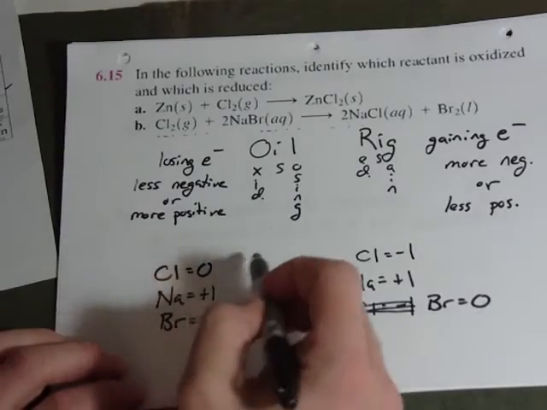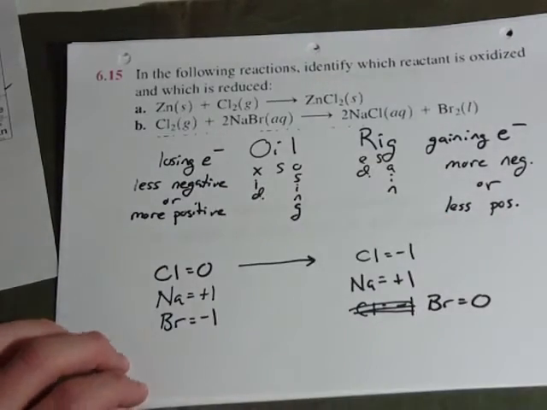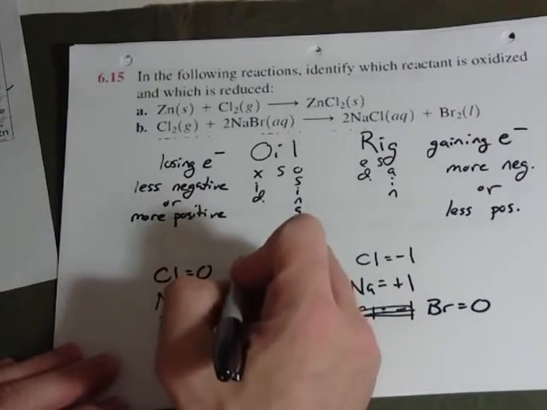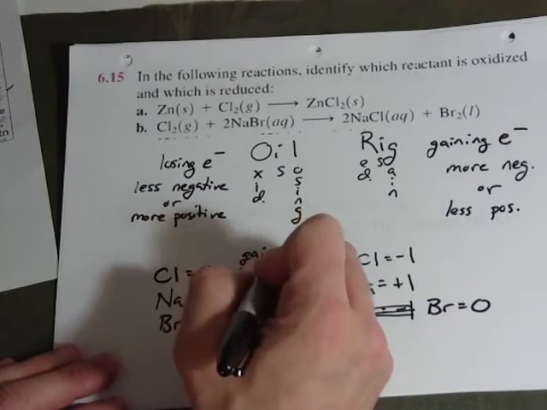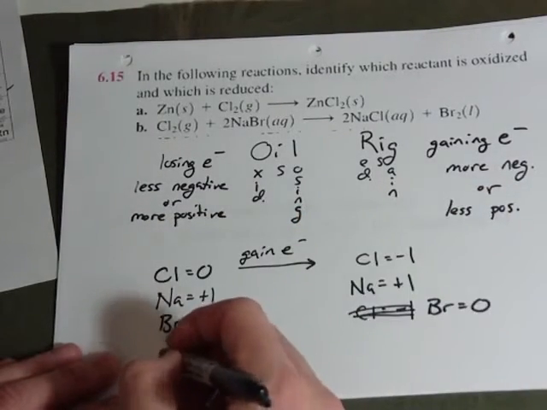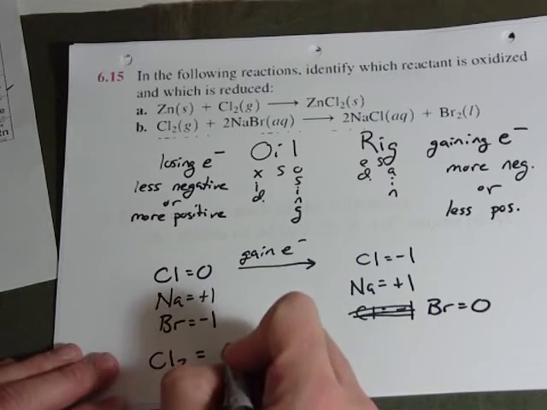So here we're getting more negative, and so that is going to be gaining electrons. And so that's going to be the RIG part. So that's reduction, so gaining electrons. And so chlorine, so Cl2, is being reduced.